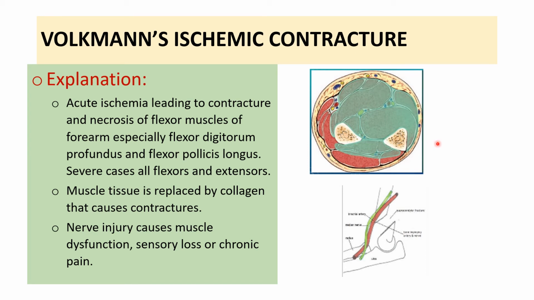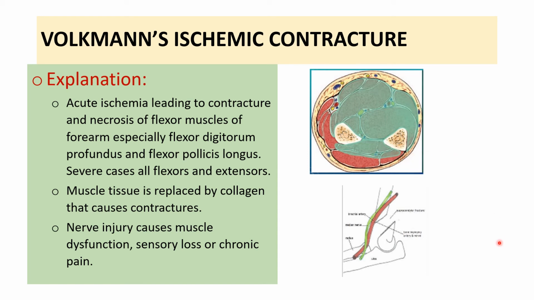To begin with, the flexor digitorum profundus and flexor pollicis longus will be affected, and in severe cases all the flexors and extensors also can be affected. So in this picture you are seeing the necrosed flexors, majority of them, and then some of the extensors also.